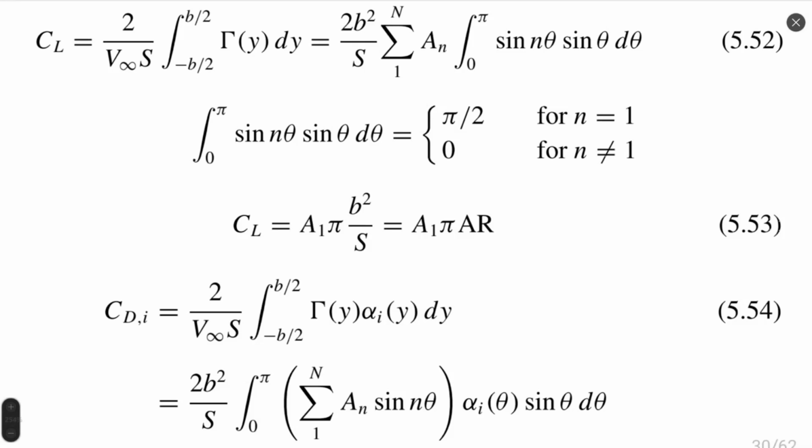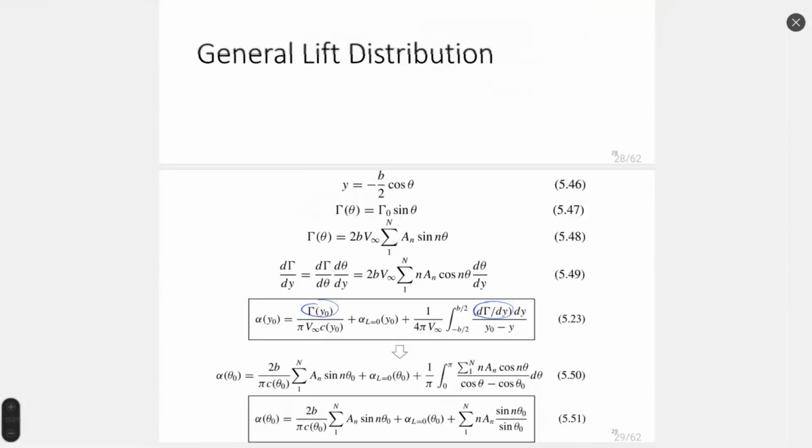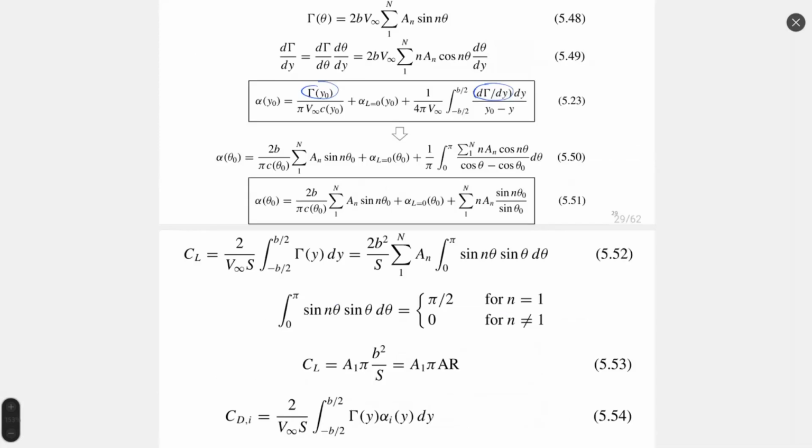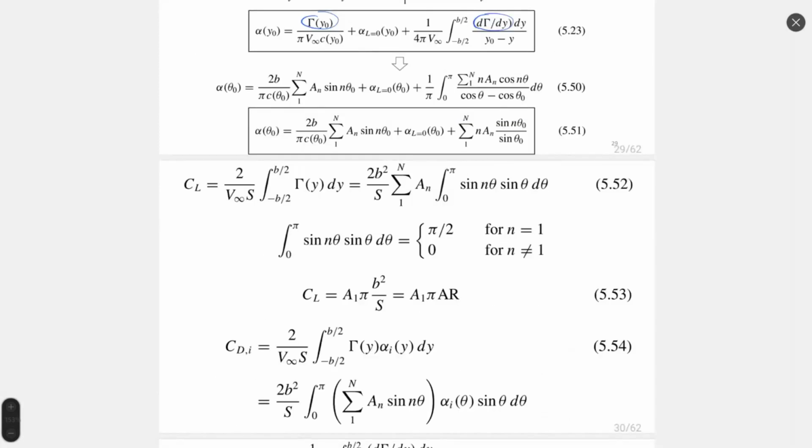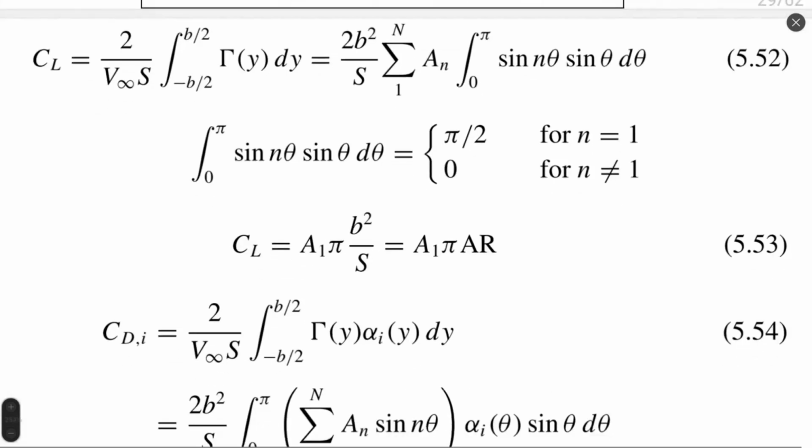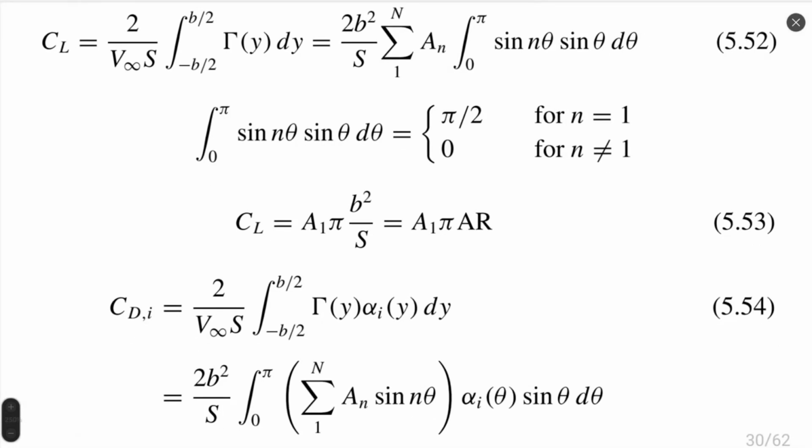As a result of the previous equation, we will see the function of the lift coefficient. You can see it can be found analytically in equation 53. Okay, let's go back, general lift distribution. This is a wing of a general shape, any shape we want, almost any shape, not exactly any shape.